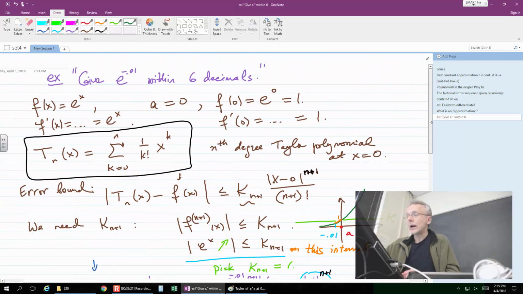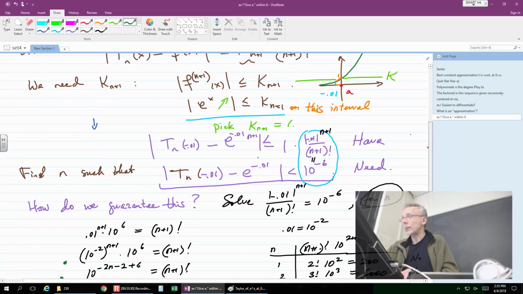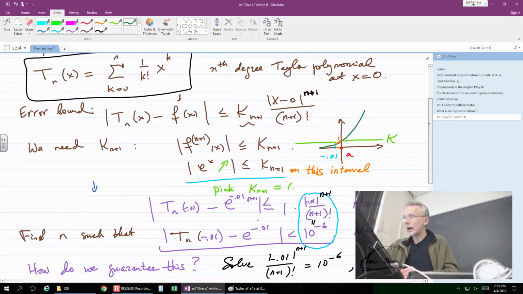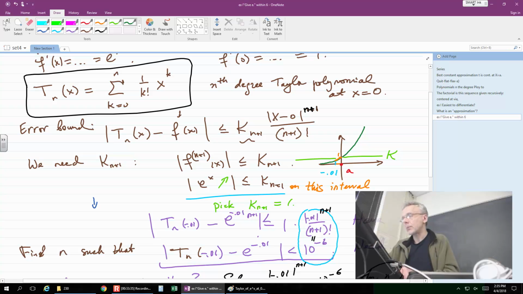So this analysis goes through exactly the same way. That's my function. This is my Taylor polynomial. The degree of the Taylor polynomial is n, so unspecified. The inequality is the same. The estimate is the same, so this still works out. Actually, it doesn't quite work out, because we will be looking at the integral to the right of 0, which means that K n plus 1 could be larger than e.